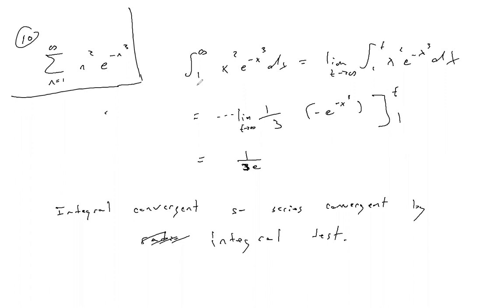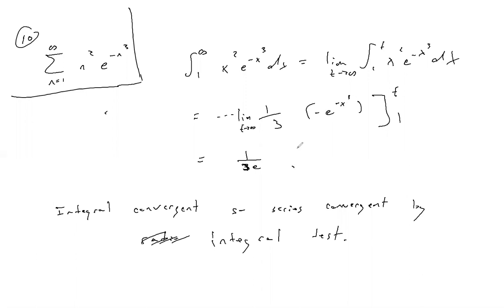All right. So I tried the integral, and this is where I skipped some steps and tried some mental math. So if this is wrong, let me know. But I think once we do our u substitution, we would get a 1/3, and then the antiderivative would be negative e to the negative x cubed from 1 to t. And then we evaluate that limit, and we should get positive 1/(3e).